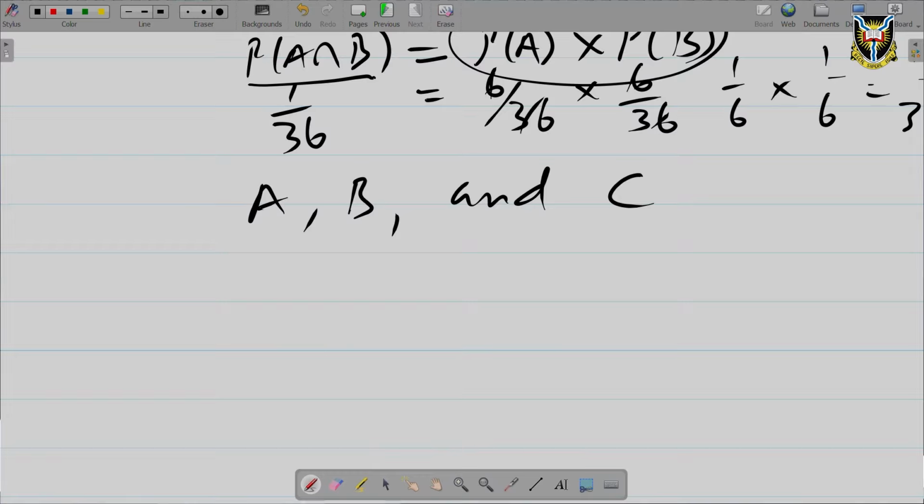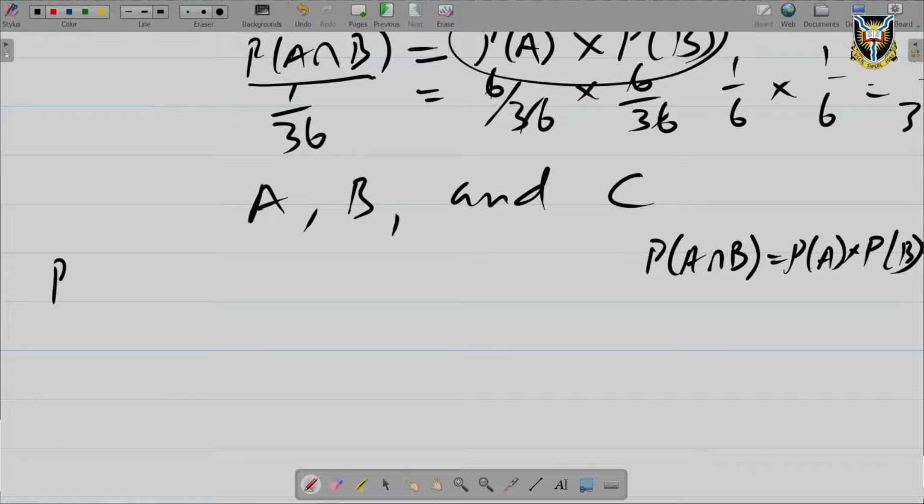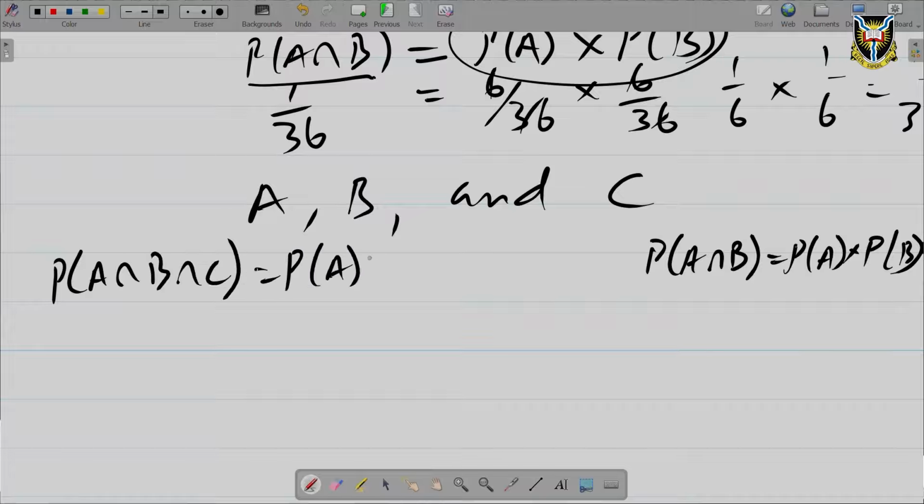When we have 2 events, all we needed to satisfy is that the probability of A intersection B equals the probability of A multiplied by the probability of B. But when we have 3 events, we have to satisfy that the probability of A intersection B intersection C equals the probability of A multiplied by the probability of B multiplied by the probability of C.